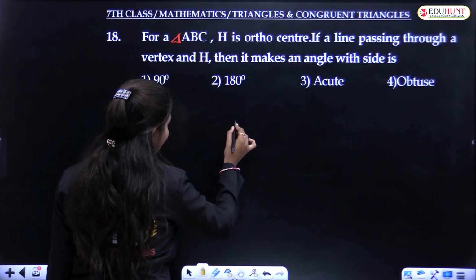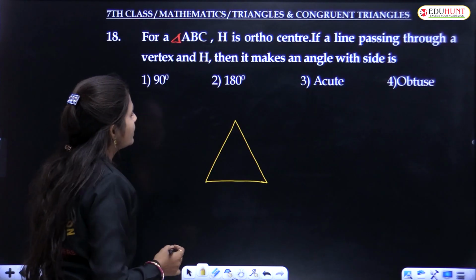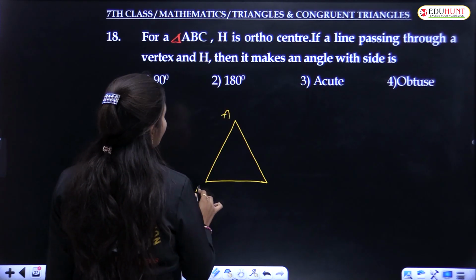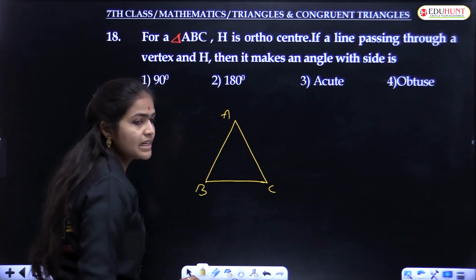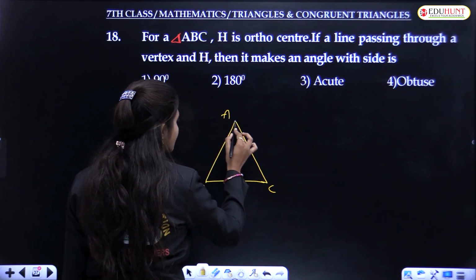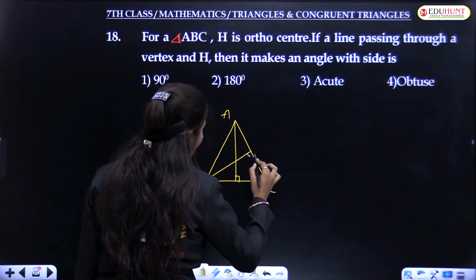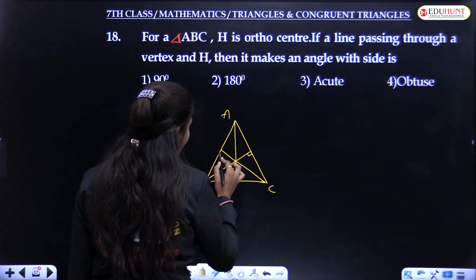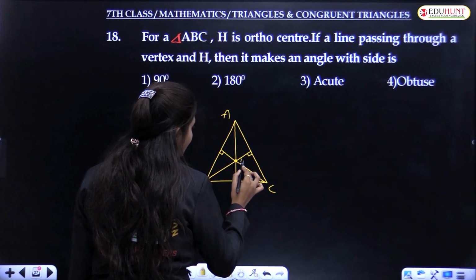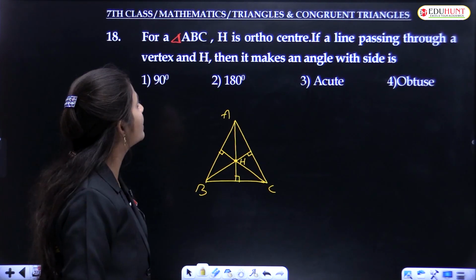In a triangle ABC, H is the orthocenter. H is the orthocenter means that is the point of intersection of altitudes. Children, this point of concurrence we call the orthocenter, represented with H, no?